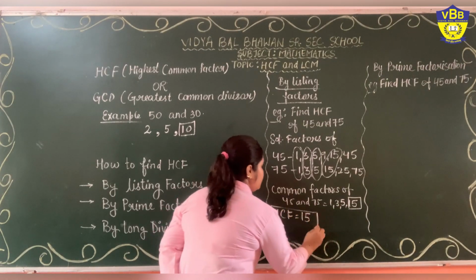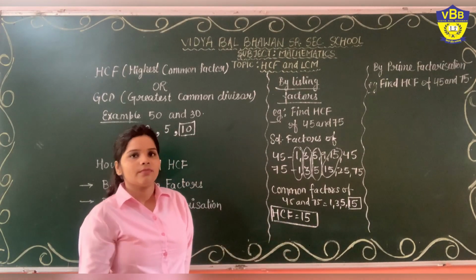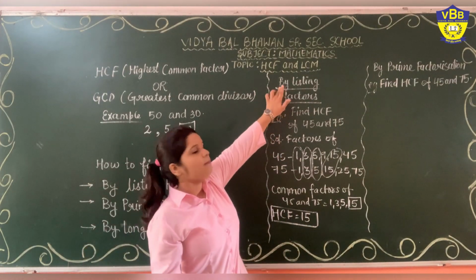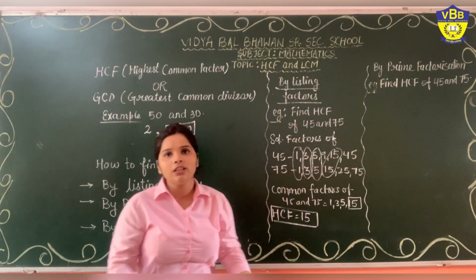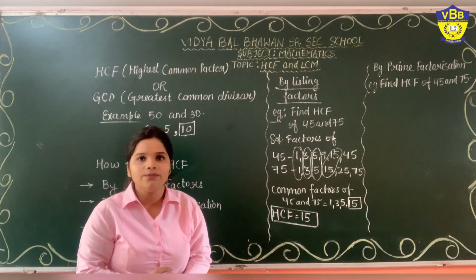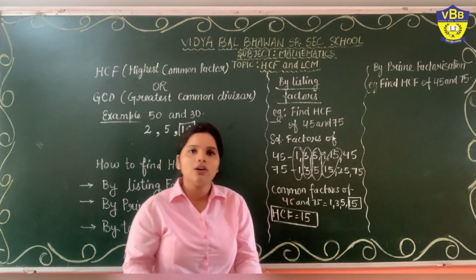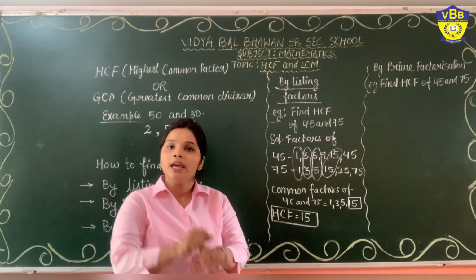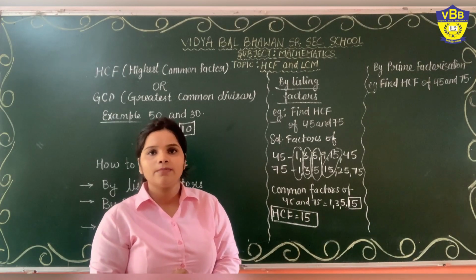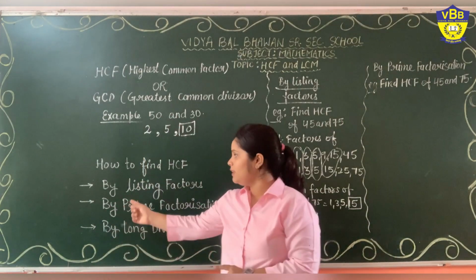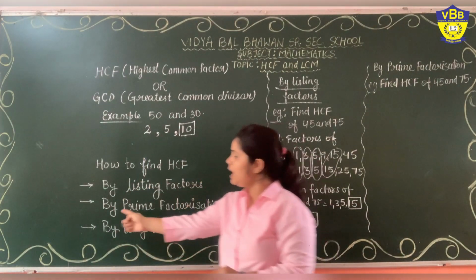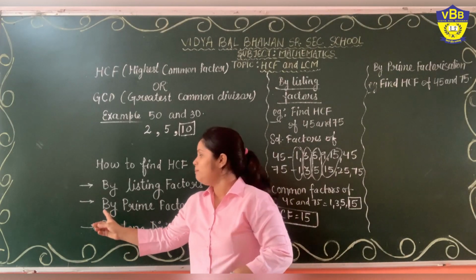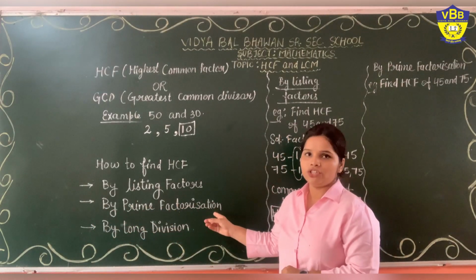HCF is 15. This is the method called by listing factors. List all the factors, find the common factors, and the greatest of the common factors will be the HCF of the given numbers.